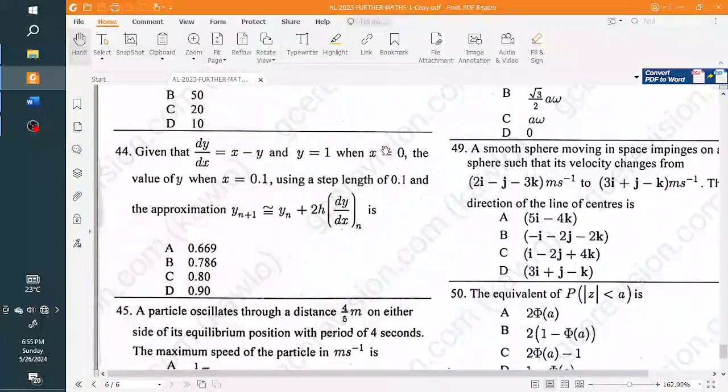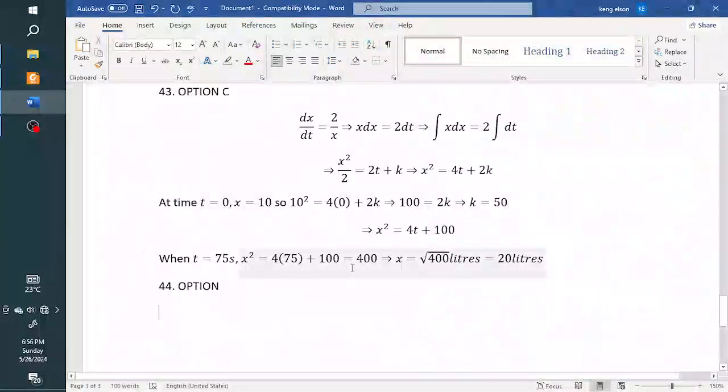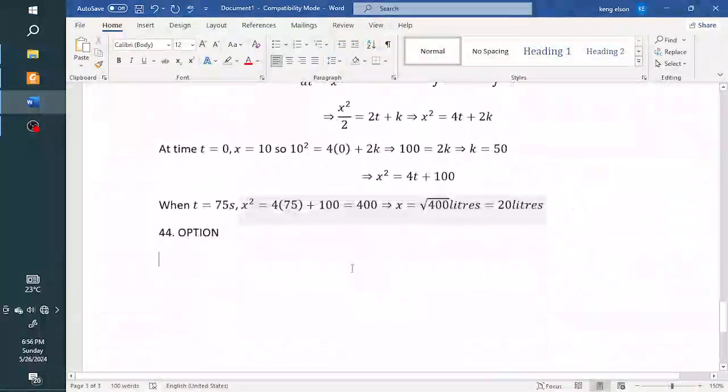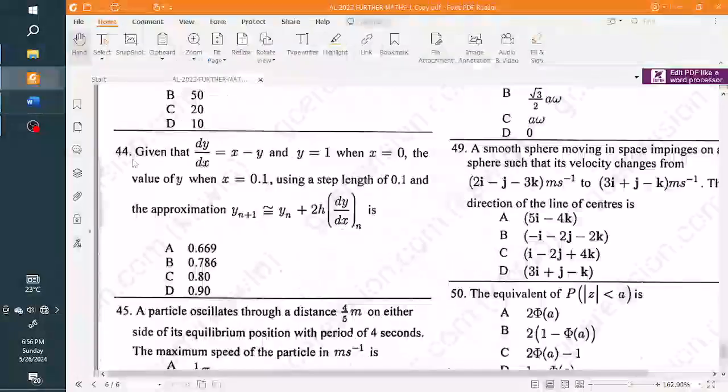You realize that moving from 0 to 0.1, we have just added a step length. So we need to find the value of y1, because we have x1, y0, and x0. Same story as previously, and I think it's the same approximation.